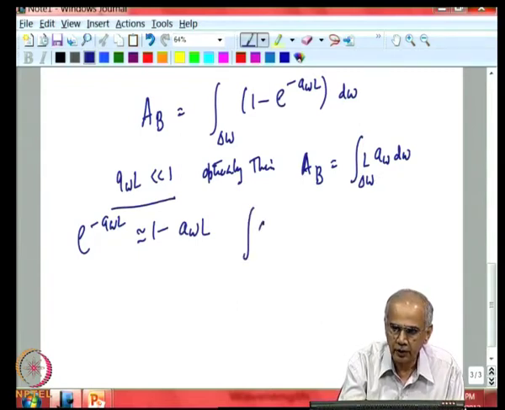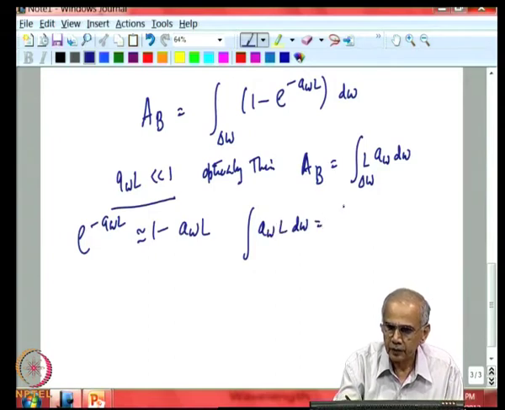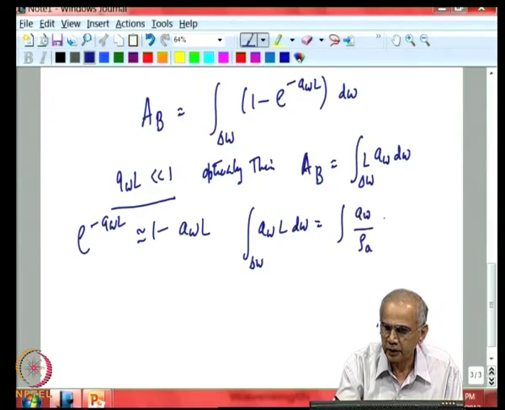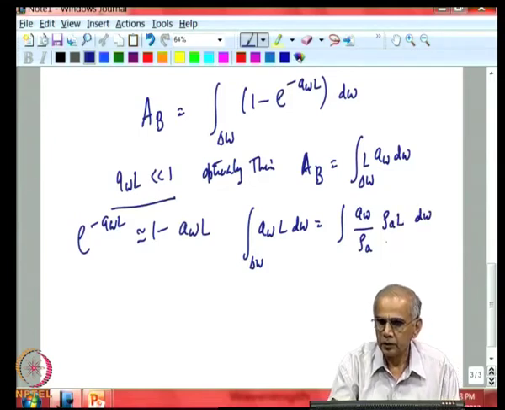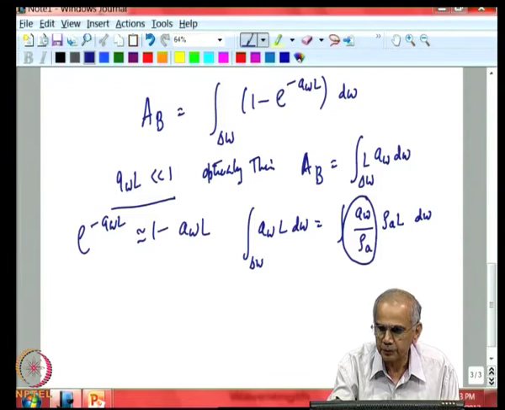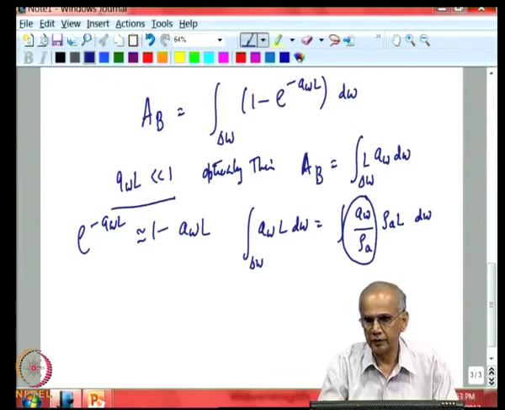This quantity a_omega L d omega can be written as the integral of a_omega by rho, where rho is the density of the absorbing gas, into rho L into d omega. So, this is the so called mass absorption coefficient, which we had defined earlier.